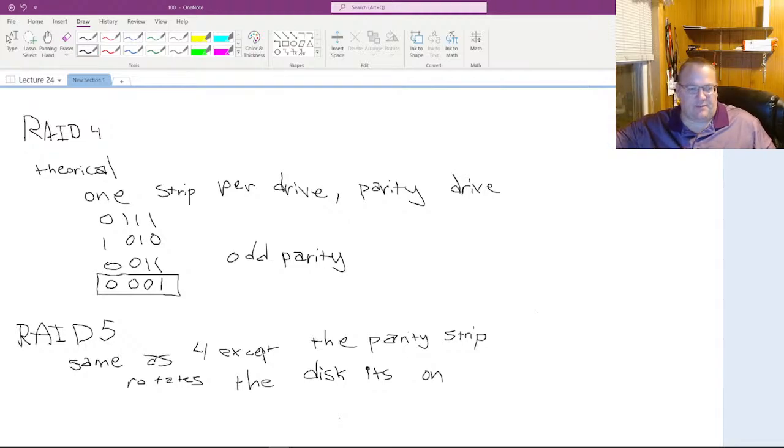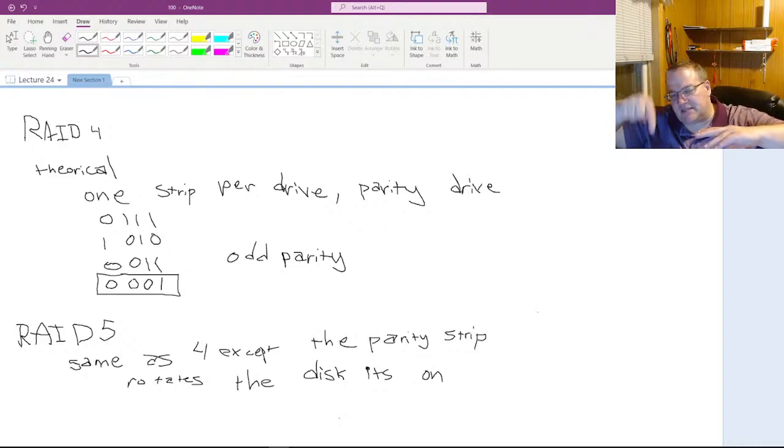So it calculates that parity strip, but while it's calculating the parity strip and getting ready to write that onto the 7th one, then the next set of strips can come in, and we can write those on the next level. Well, the first one is computing, and so then it can write onto the 7th one.